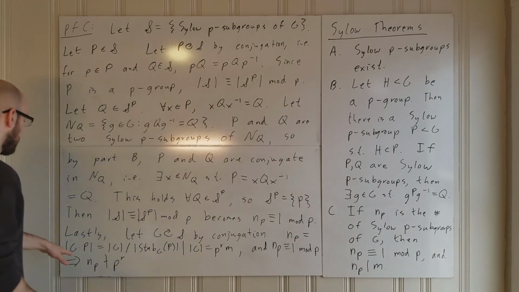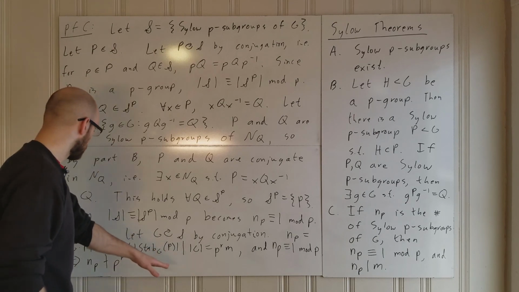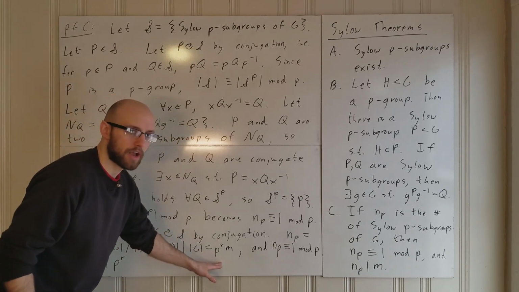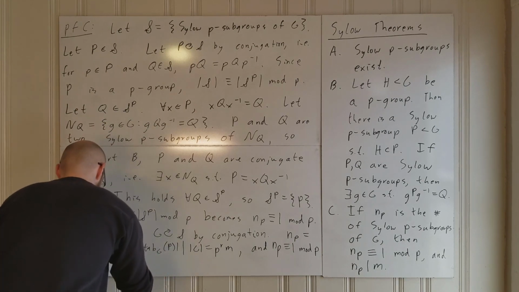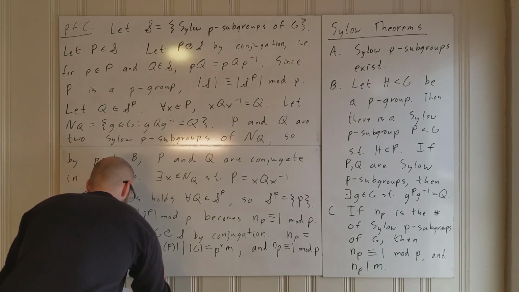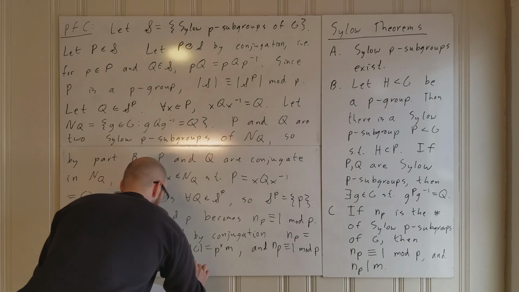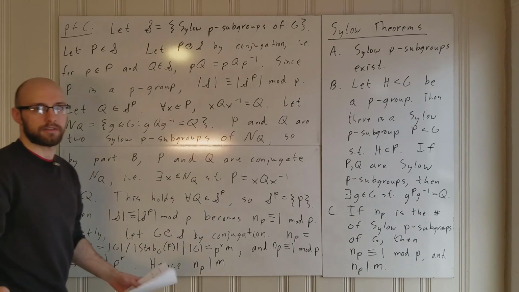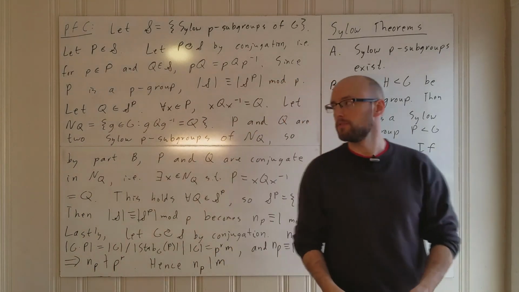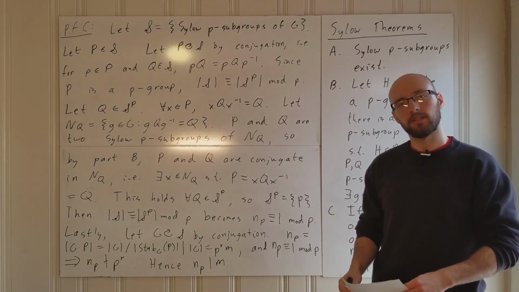Okay, so if N_P divides p to the r m and it doesn't divide p to the r, then it must divide m. And there we go. That's the last result that we wanted to prove, and therefore we have proven the Sylow theorems.